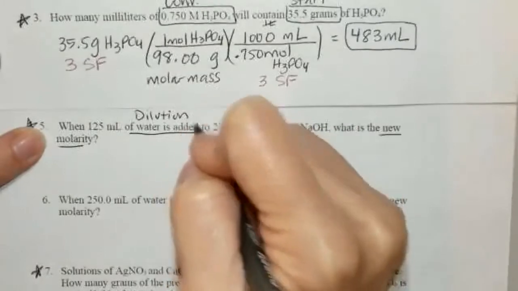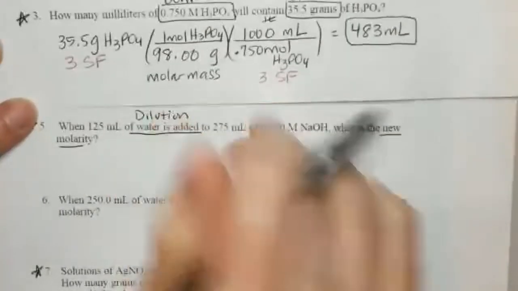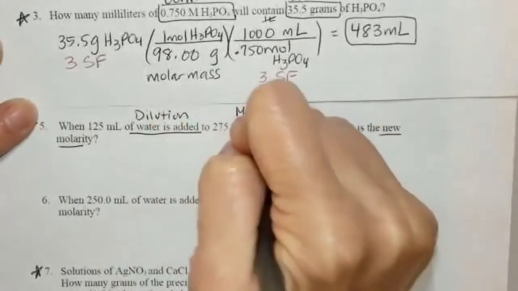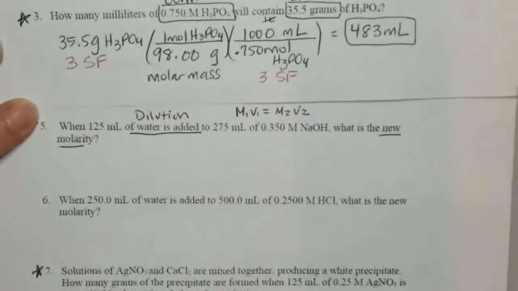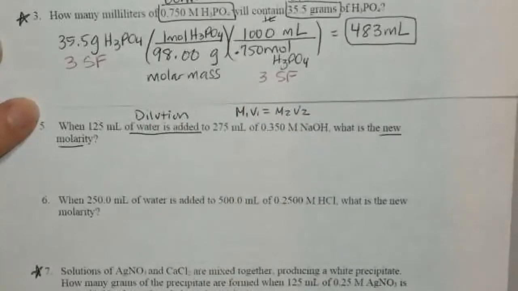So for dilution, you have a nice, easy formula to use. It's always nice when you have a formula. It's M1V1 equals M2V2. The problem with this formula is it's very nice and simple, but students love to use it for stoichiometry, and you can't always do that. I usually like absolutes, so I just prefer to say don't do it.